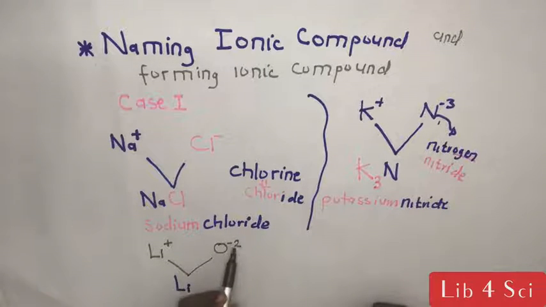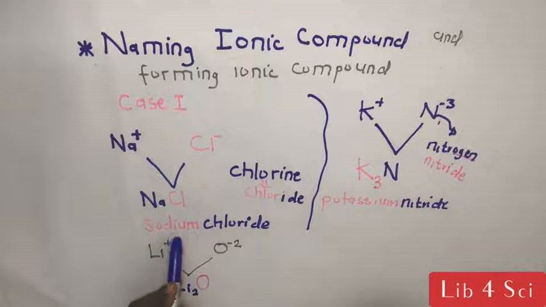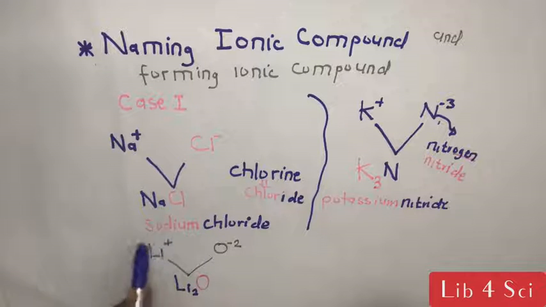Now, the number that is raised as power on the negative charge will serve as a subscript on lithium, and that number is 2. So we put a subscript 2 here. We are done with lithium. We bring oxygen. Now, to get a subscript for oxygen, the number on the charge of the cation should serve as what?